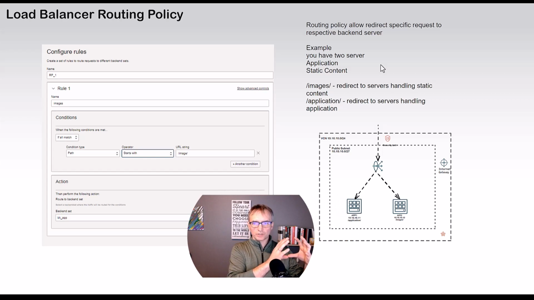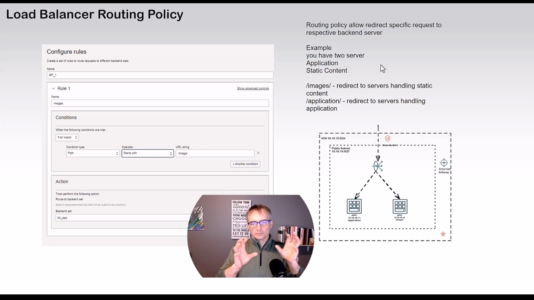And then you have static content, like images, handled by two separate servers. This way you have a set of servers doing the application requests, and a set of servers which have the static content.